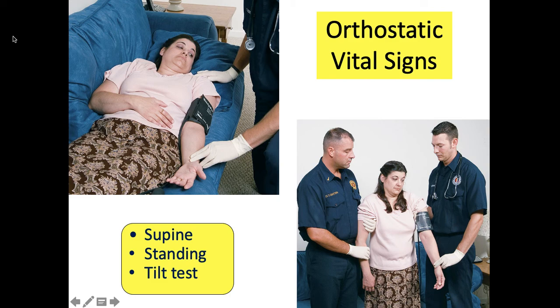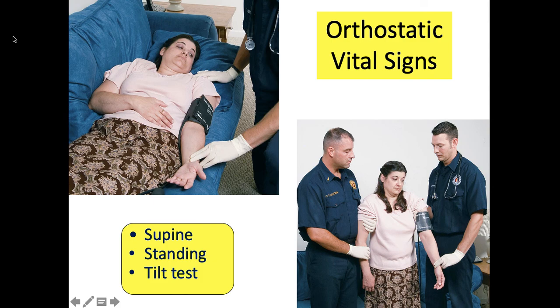Now, if their blood pressure, this is their systolic number anyway, drops greater than 10 points, so initially they were 120 over 80, and now when they sit up, they're 100 over 50. Well, that's an obvious positive change for the worse, unfortunately.